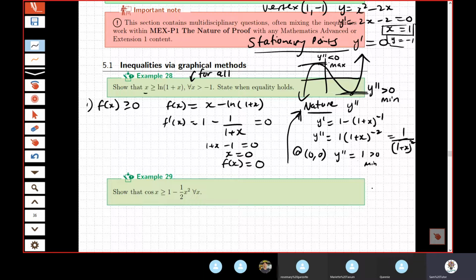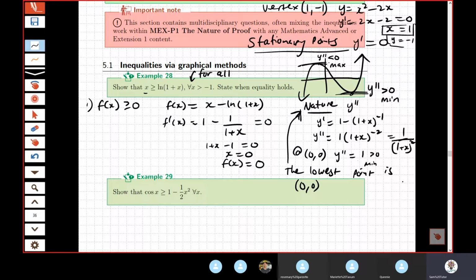All right, we're almost there. Think about what you've just said. What you've proven is this: the lowest point is (0, 0). What does that mean about your f of x function?